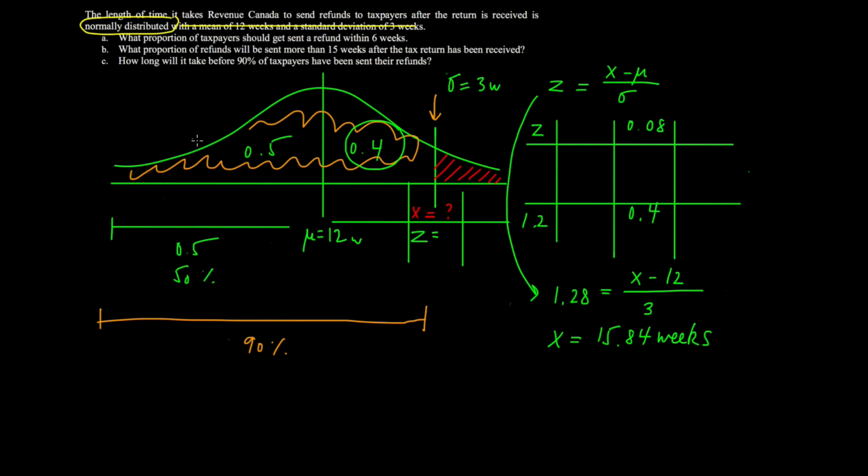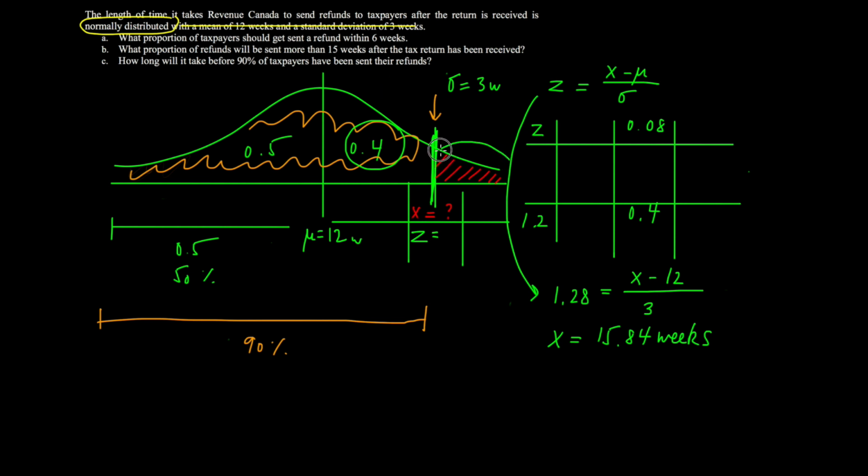You really have to take it one step at a time. So knowing that each side of the curve is 0.5, as you read out the problem, really draw it out, okay? So we know that this is 0.5, 0.4. Right here at this point, we will reach 90% of taxpayers. And how long will it take before 90% of taxpayers have been sent their refund?